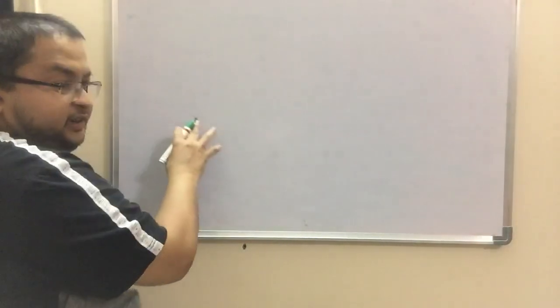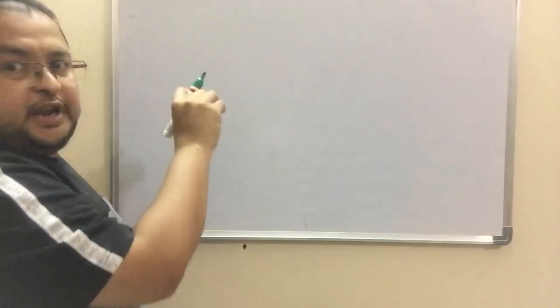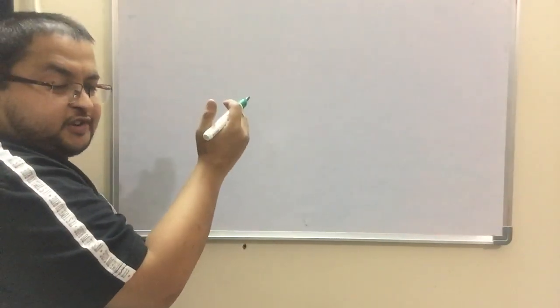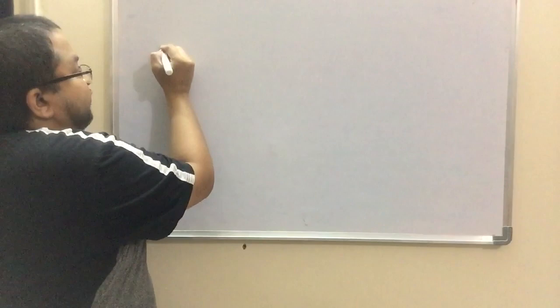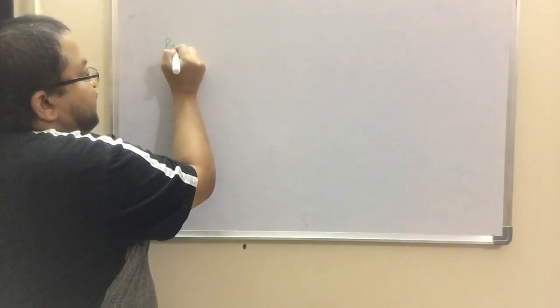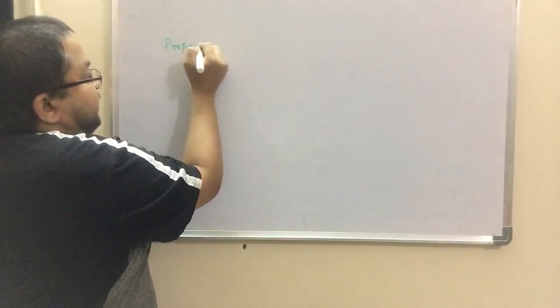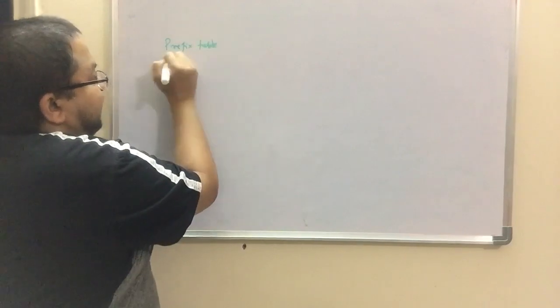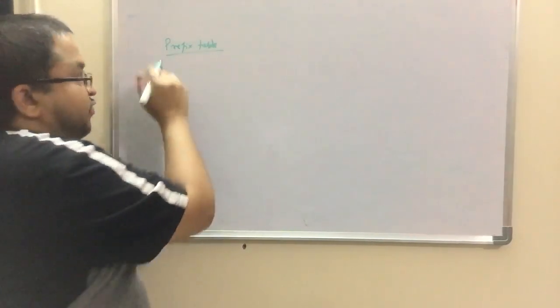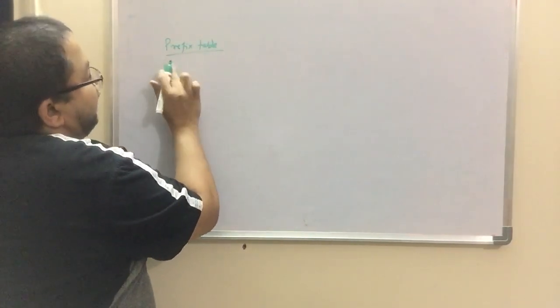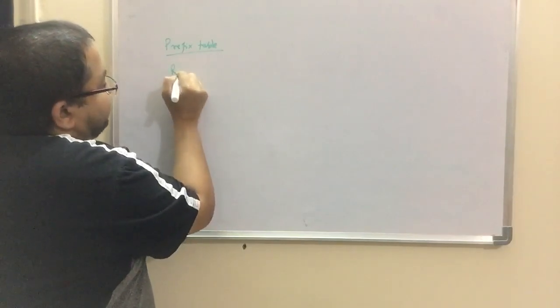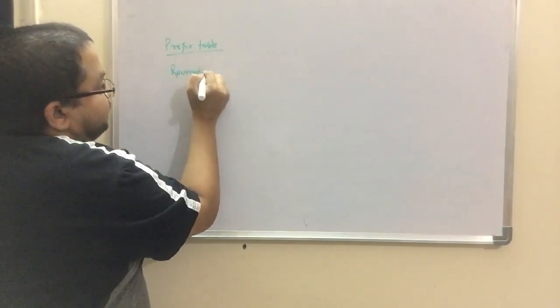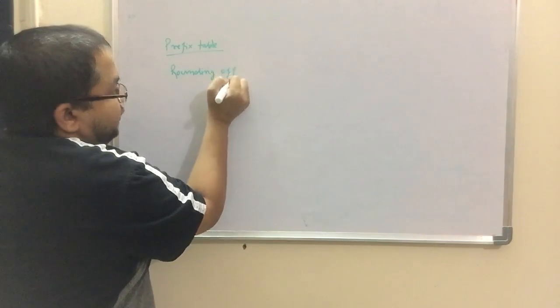dimensional analysis. Okay, then we would step back a little bit, and I would introduce the prefix table, right? So the prefix table, and then we would move on to rounding off.